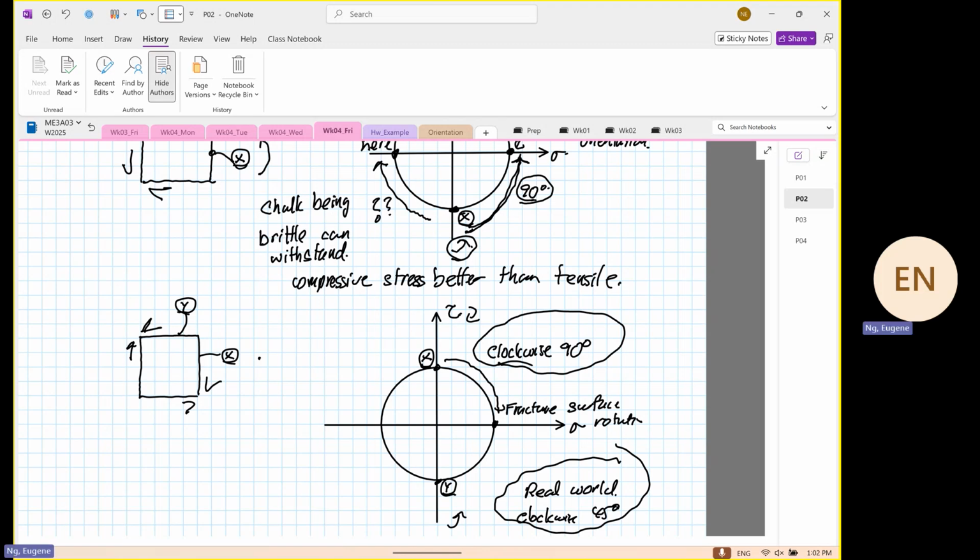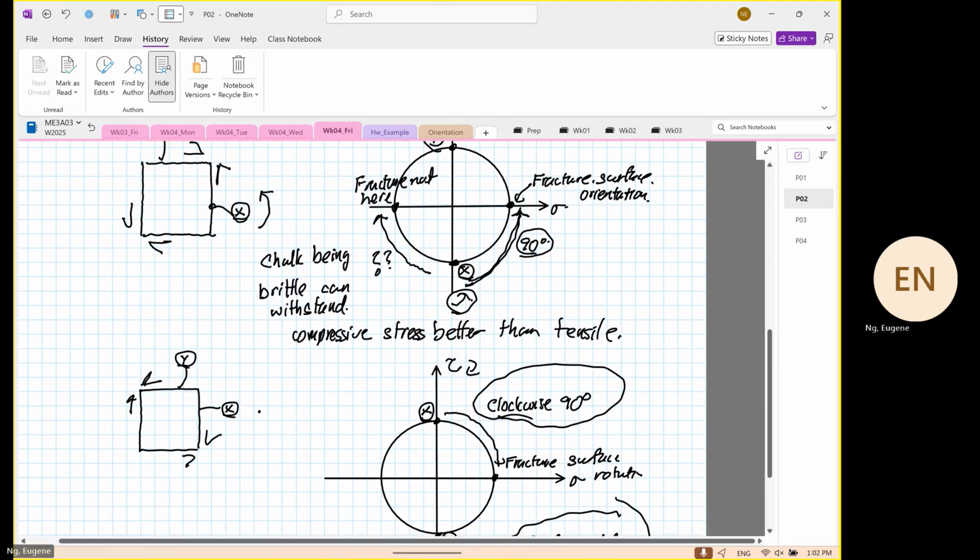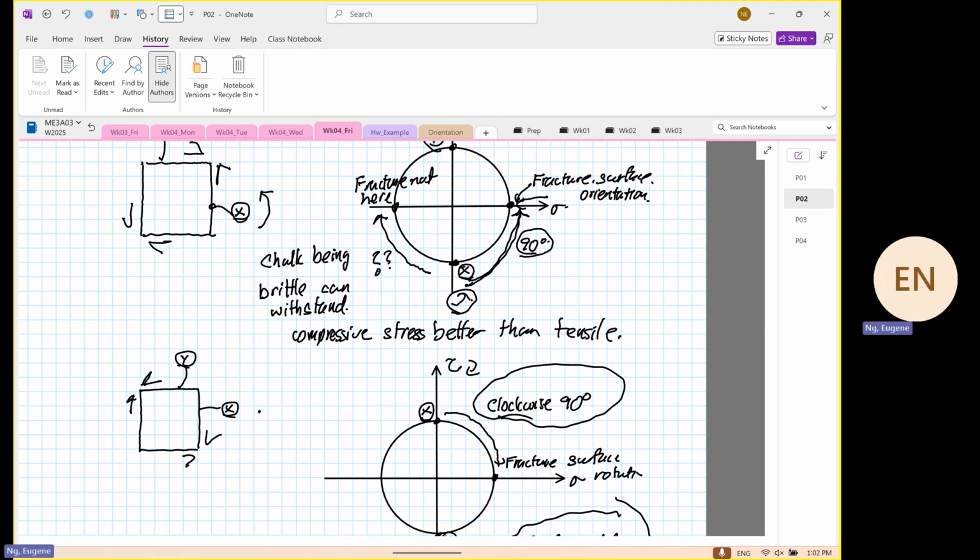Yeah, it's always on, you see, I draw down here. Why am I pointing towards the board? Fracture surface orientation will always be at this point. It will rotate towards that point. Why? Because chalk is what?